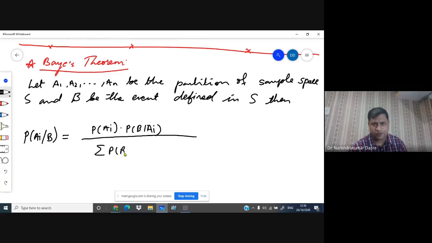So probability of B on AI into probability of AI, where I is running from 1. Okay, so this is called Bayes theorem.